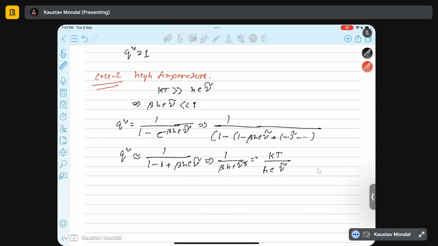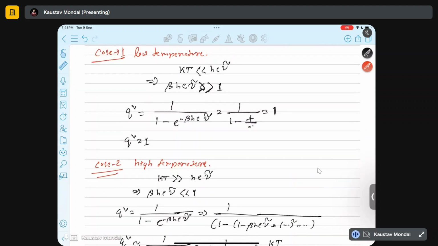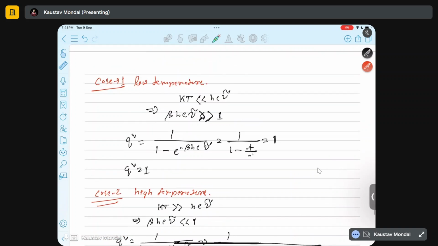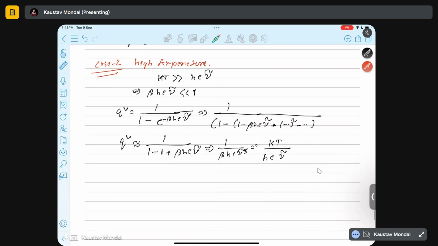So that means at low temperature, as we got here, KT is less than HC nu tilde and the vibrational partition function becomes 1. That means there is no contribution, right? For high temperature, this QV is linearly related with the temperature.